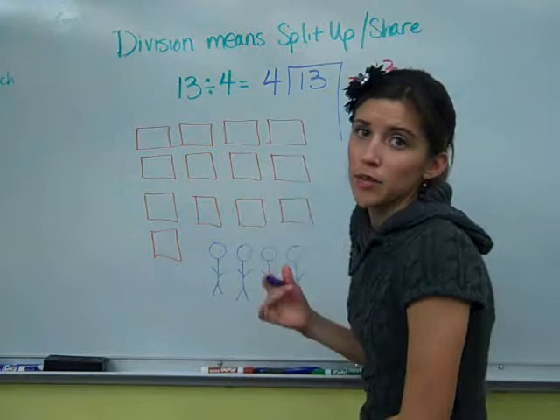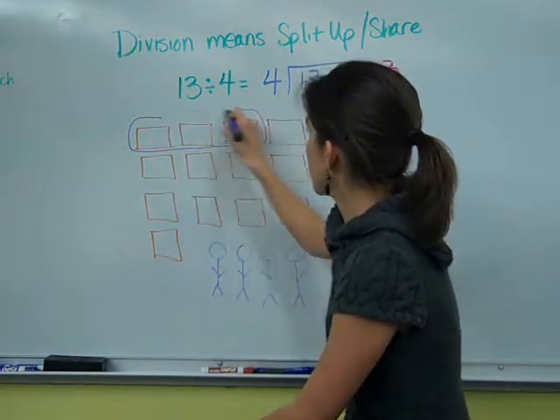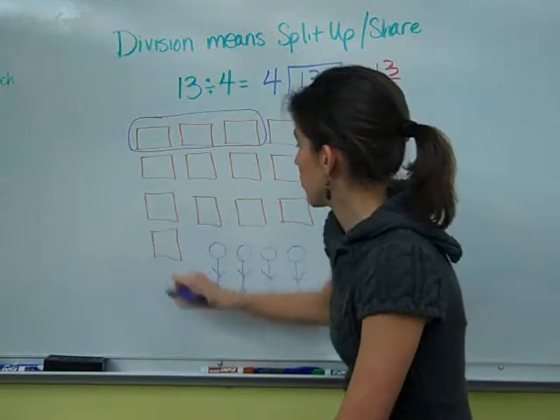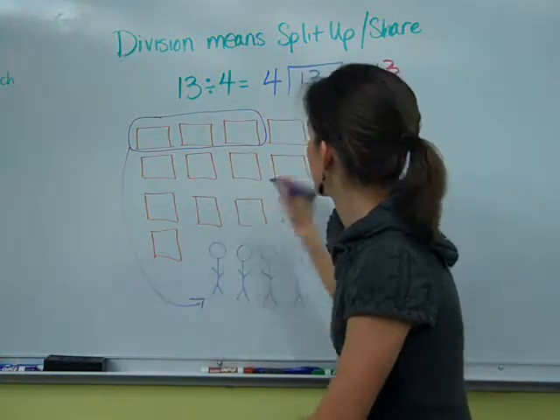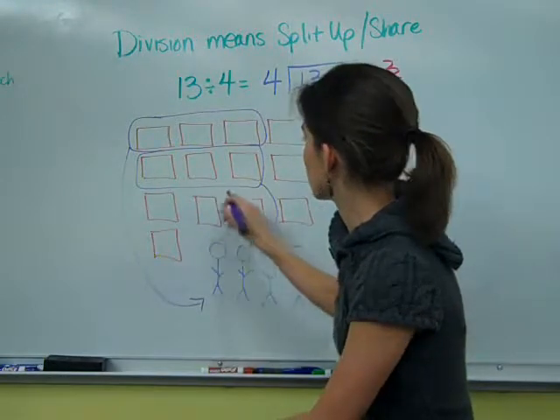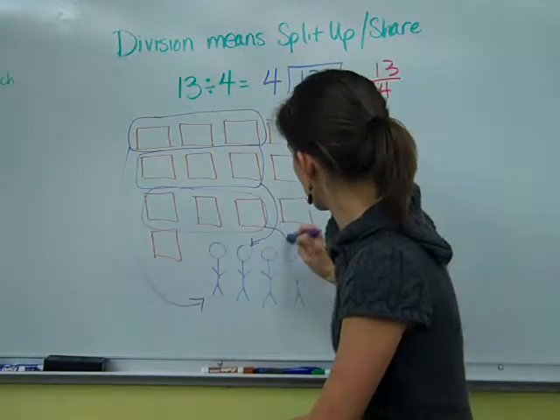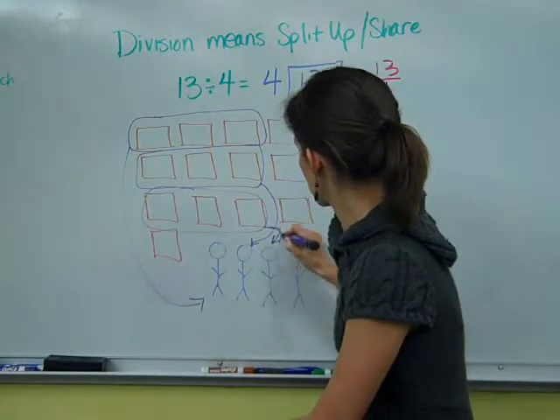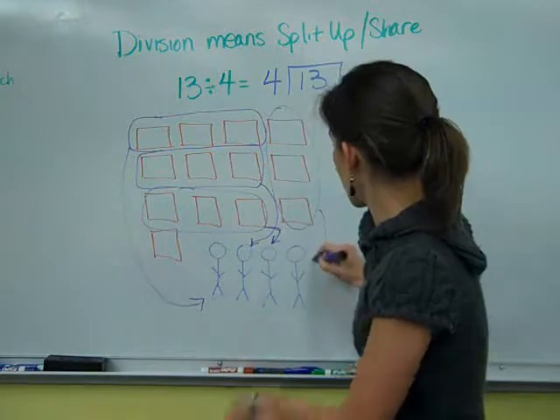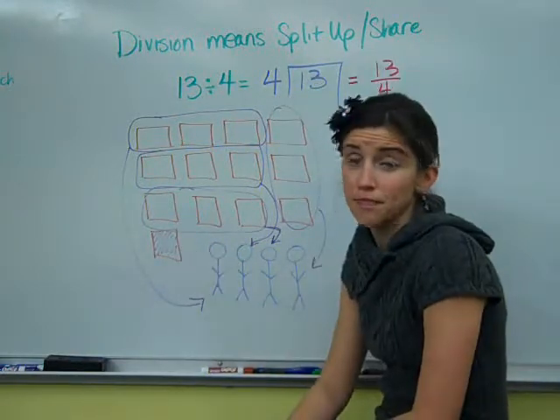So knowing my multiplication facts, I know that these 3 can go to this person right here, and these 3 can go to person 2. These 3 can go to person 3. And these 3 can go to my last person. That leaves this guy, he's left over.